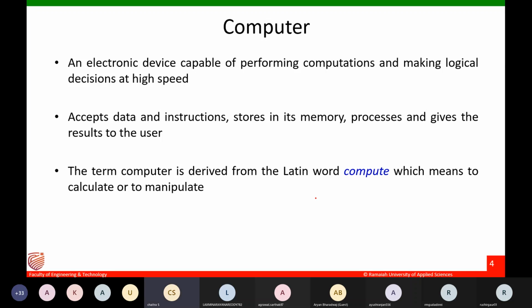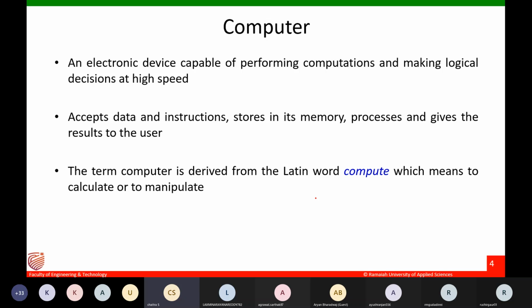So we have a standard, as one of your friends told: an electronic device capable of performing computations and making logical decisions at high speed. So first thing, it is an electronic device. It is nothing but a machine made up of electronics. You will learn electronics engineering in further classes, and that time you will get to know what exactly an electronic device is. So what does this electronic device do? I told you beforehand, computer is nothing but calculations or computations or manipulations. So some machine which is able to do some calculations, we will call it a computer.